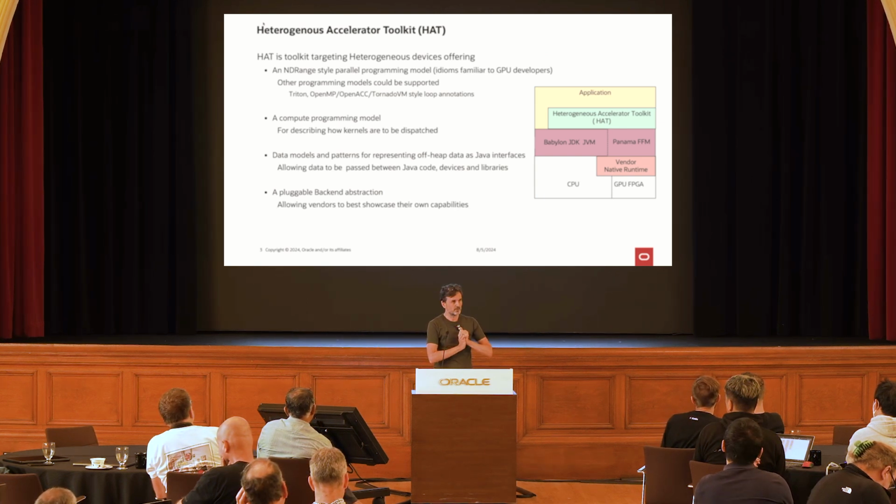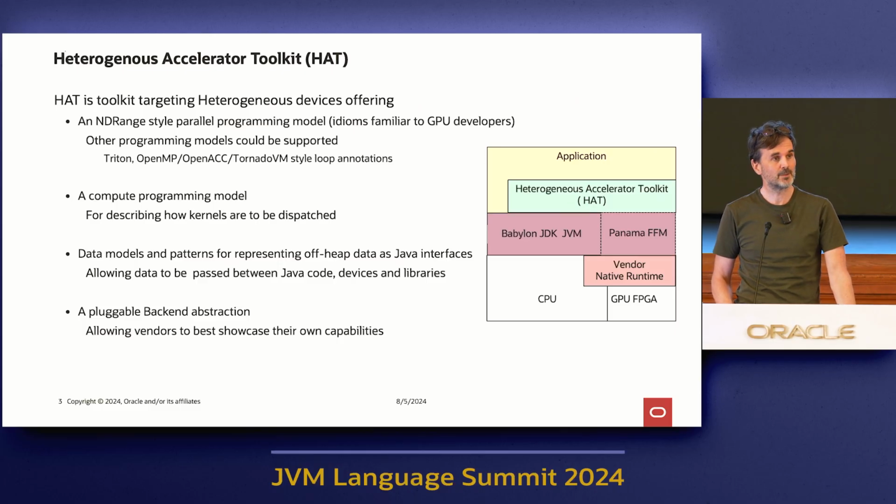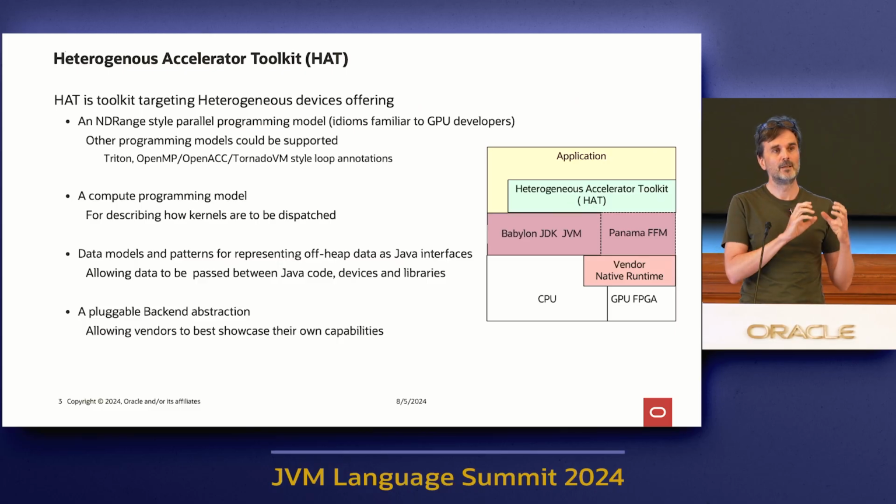In addition to a kernel programming model, we have a compute programming model that describes how you dispatch or call kernels. Kernels can be called many times. The data can come in and out, and we want a model that describes or talks about that kind of interaction. And then we have a data model. We need to describe how data communicates between the host or the compute and the kernels.